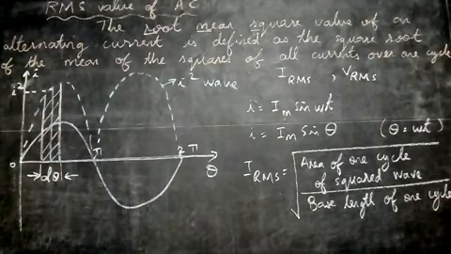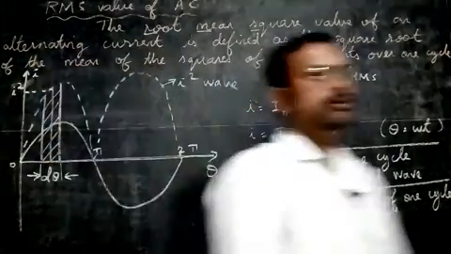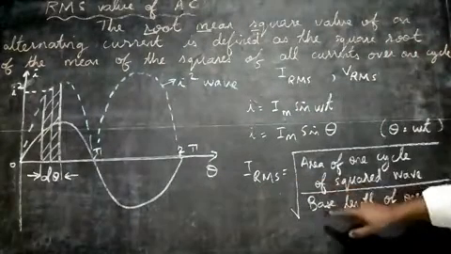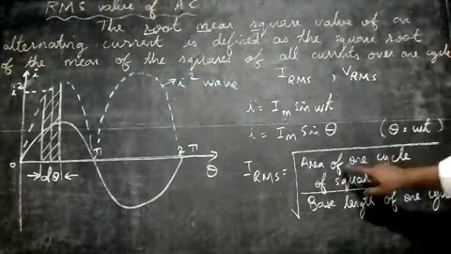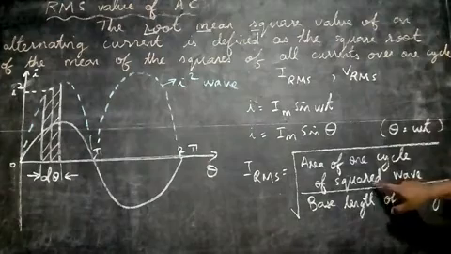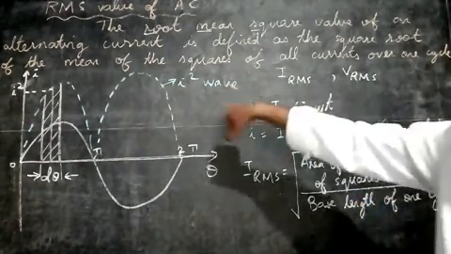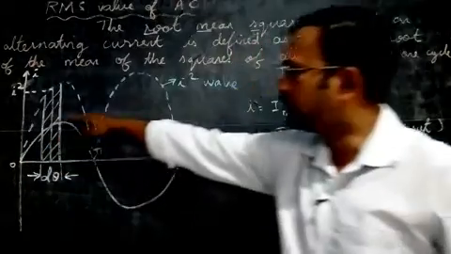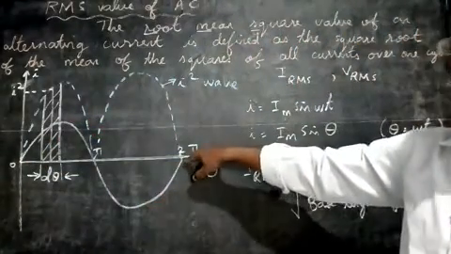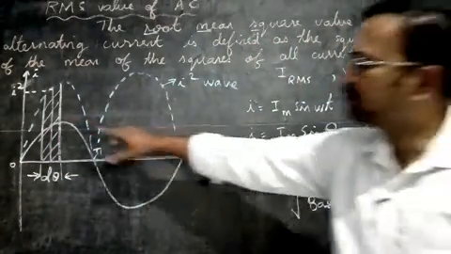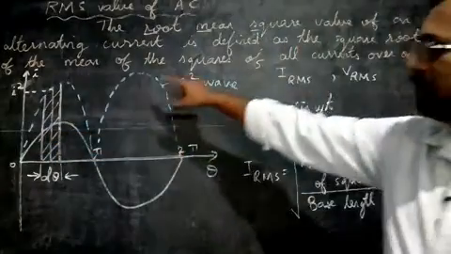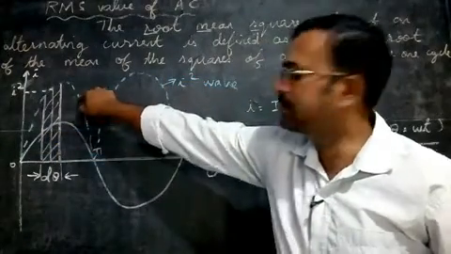Now let's go to the definition and see the equation here. So IRMS is equal to the root of the area of one cycle of the squared wave divided by the base length of one cycle. So area of one cycle means what? This one crest and one trough make one cycle. So you must take the area of one cycle of the squared wave, the dotted lines.